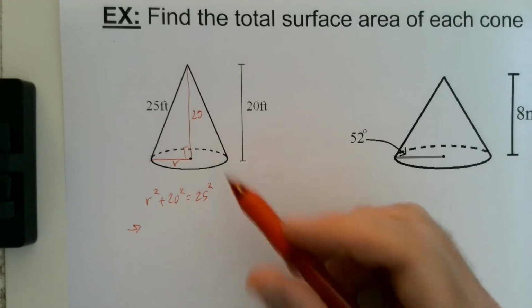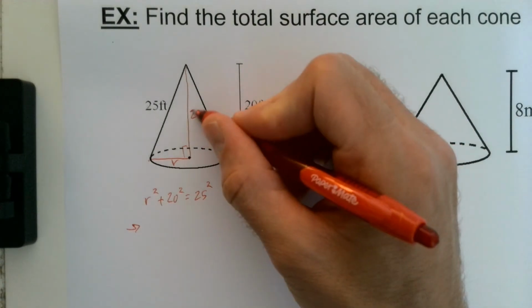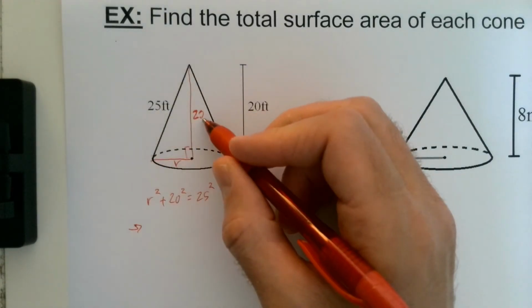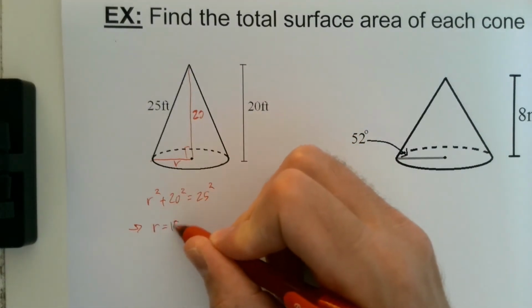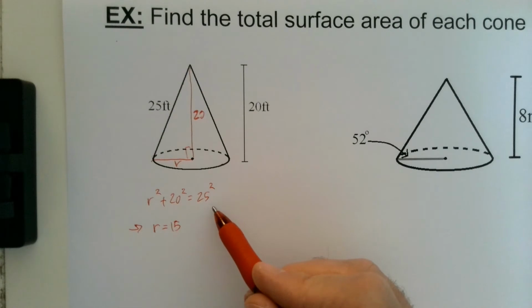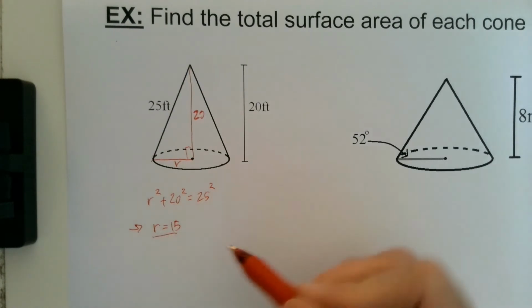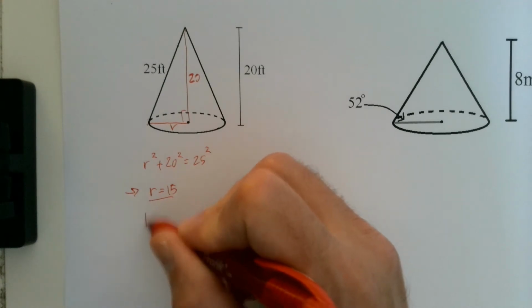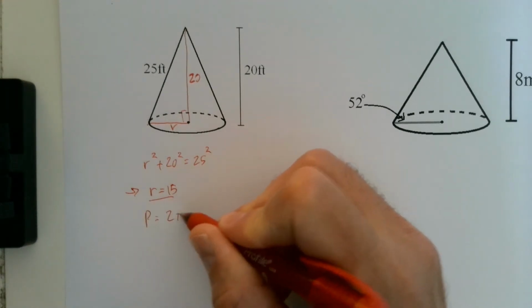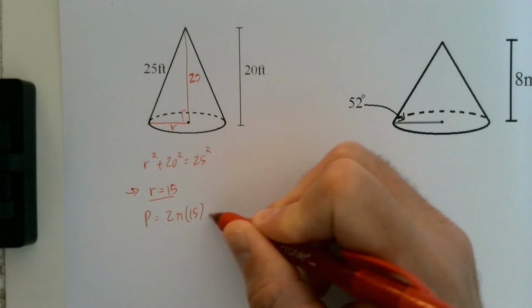Now this is also a 3, 4, 5 pattern. This is 5 times 5, 4 times 5, so this had better be 3 times 5. If you're not quite sure of that, you can take this a few steps further and see that you will get a 15. So since your radius is 15, your perimeter is going to be 2 pi times 15.